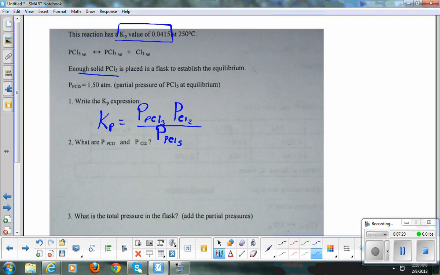Now, if we had to square it or cube it or whatever, we'd still do the big P squared or cubed. But that's how you write pressures. So concentration is in the brackets, pressures with a capital P for pressure. Okay?